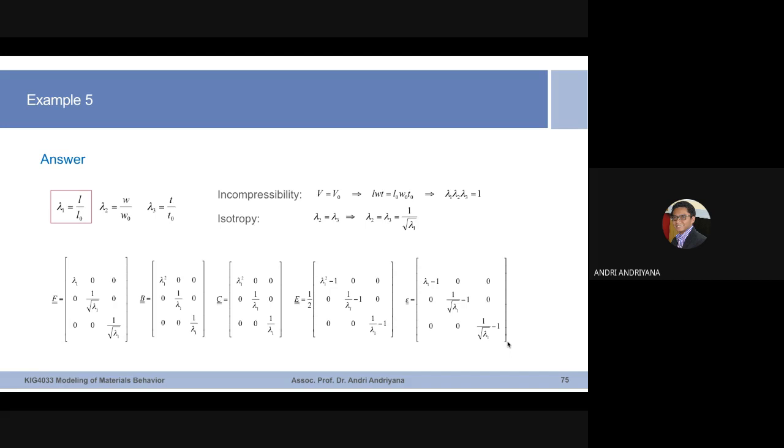But the idea is to come to the basic principle: what is strain? F, B, C, E, and epsilon are all measurements of strain. Strain is the mathematical description of how the shape of materials changes during deformation. So this is just a mathematical expression to describe the change of shape in the material. For engineering strain, you know it well. It is easy to grasp because you have learned it for so long.